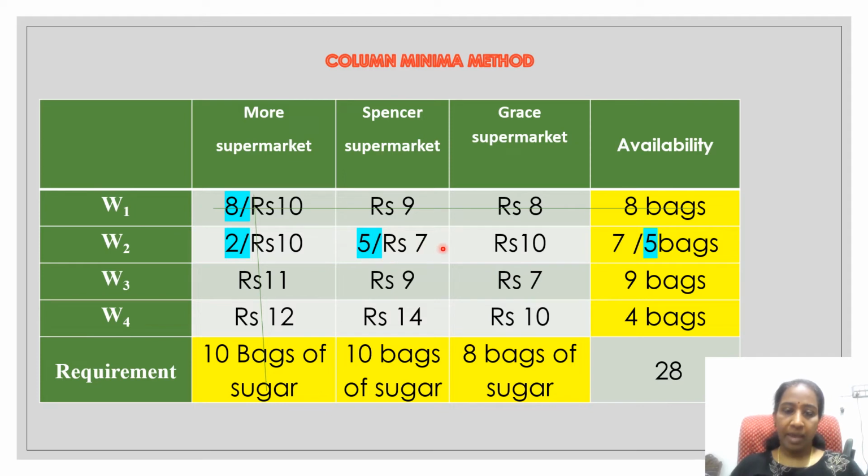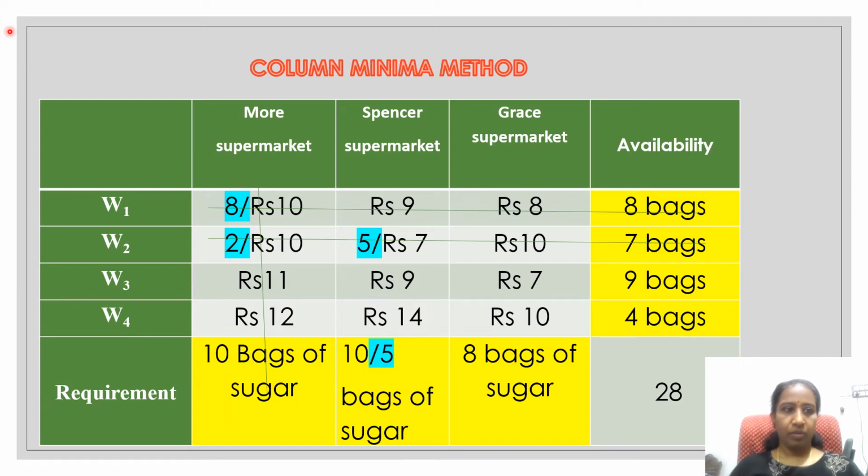So at this place, I will write 5 bags of sugar. After buying these 5 bags, since this row is satisfied, I cancel this row completely, and I remember to write 10 minus 5 over here. 10 bags of sugar required, out of which 5 is purchased, so I write 5 in this place.